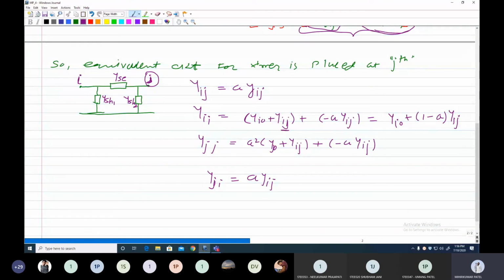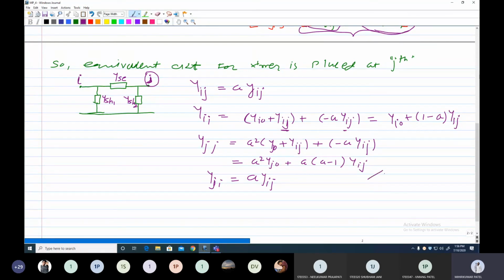Just I have taken a common Yij from this summation. Similarly, for this, I can write the shunt element A square into Yj0 plus A into A minus 1 Yij.